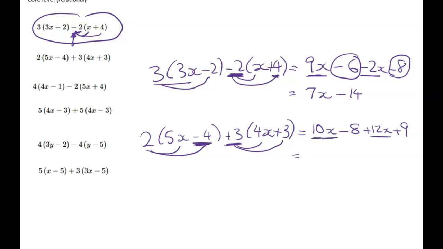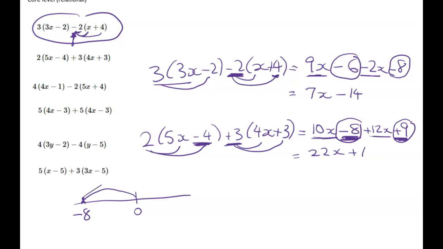Now, put the x's together. We've got 22x, and I've got minus 8 here, plus 9 here. That gives me plus 1. If you're having trouble with that, just draw yourself a number line. We start at 0 and go back 8, and then we go forwards 9 and we get to plus 1.